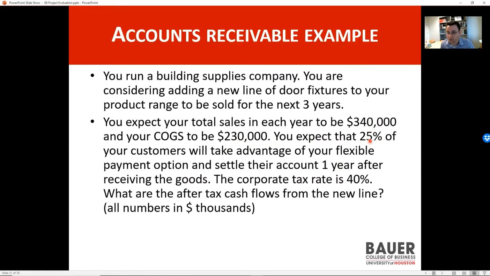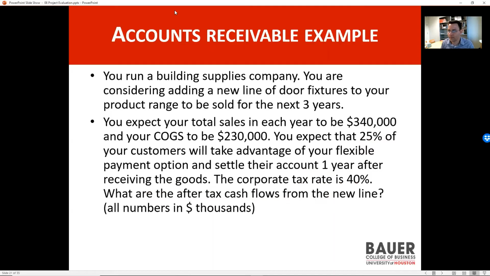Some of your customers, 25% of them, in fact, are not going to pay you until 1 year after the sale. That's where the accounts receivable is going to show up. We have to keep track of how much people owe us. That's going to feed into our cash flows. They're all going to settle 1 year after they actually receive the goods. So we have a tax rate of 40%. What are the after-tax cash flows from this new line?